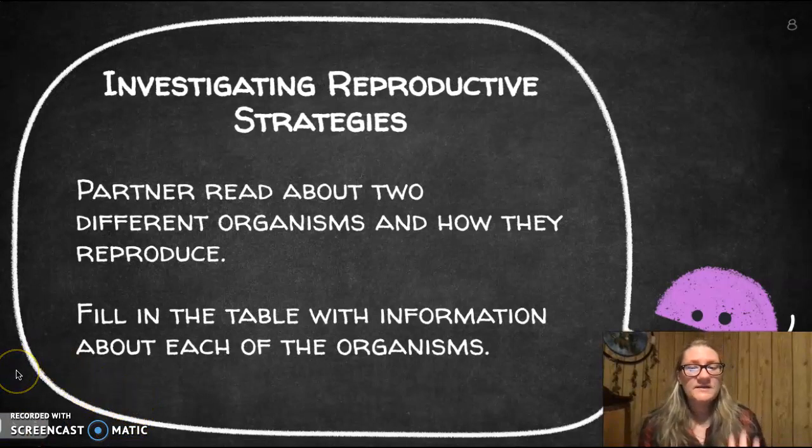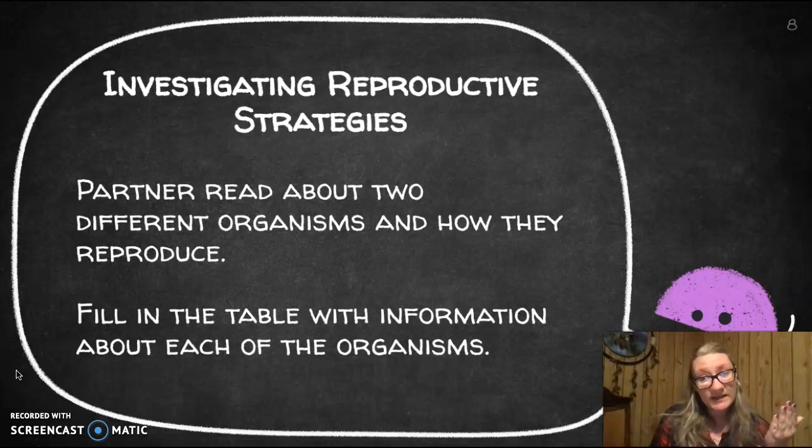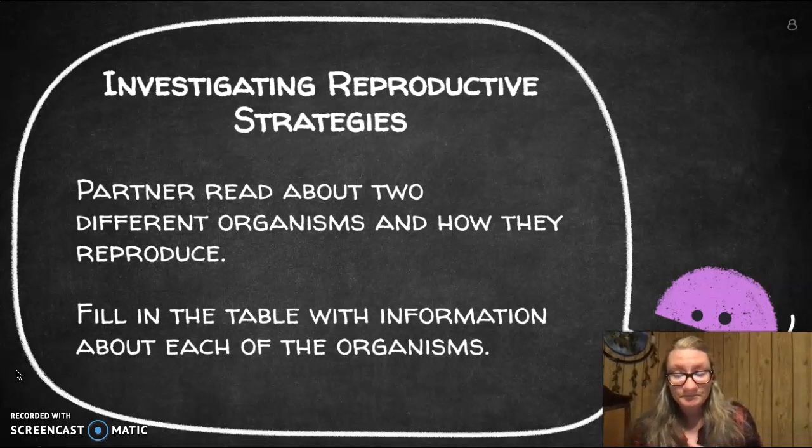Okay, so to do this, I would split you into breakout rooms in pairs, where you would each take turns reading one article. One person would read an article about an animal that reproduces asexually, and another would read an article about an organism that reproduces sexually. If you have a partner to do this with, that is wonderful.